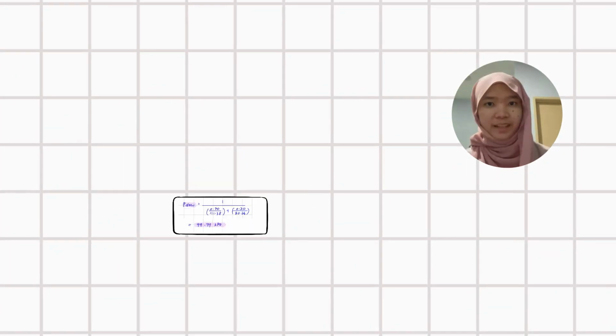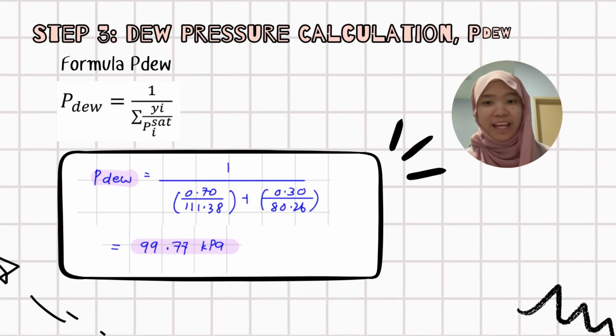For the next step, we calculate the value of dew pressure, where the formula is 1 divided by the summation of the vapor composition Y divided by P saturated for each component. This is our calculation of the dew pressure, and the value is 99.77 kilopascal.